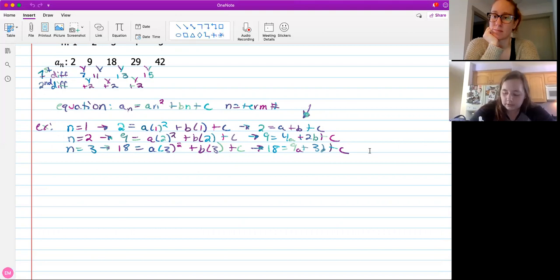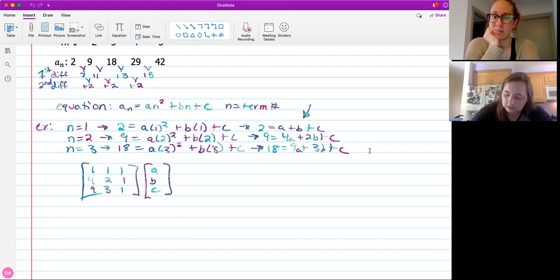So then from there, all we have to do is create our matrices like we did above. So we're going to end up with 1, 1, 1, 4, 2, 1, 9, 3, 1, and then your variables, and then your solutions.